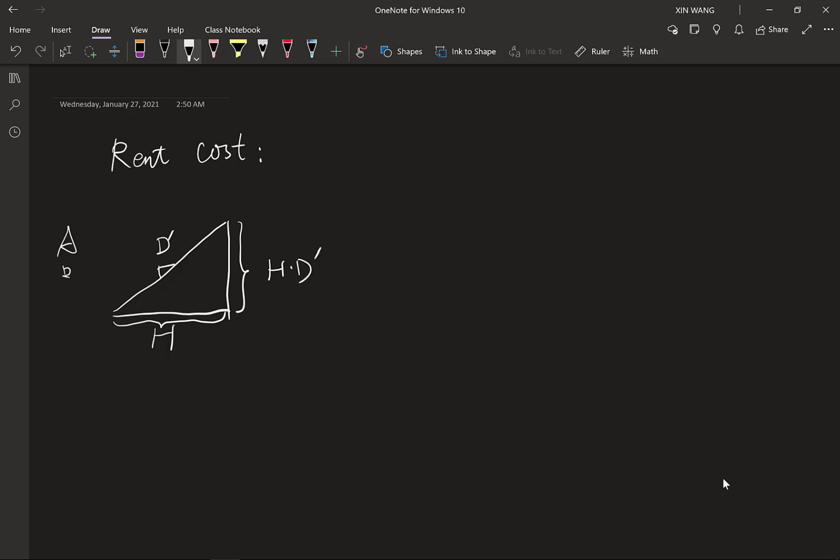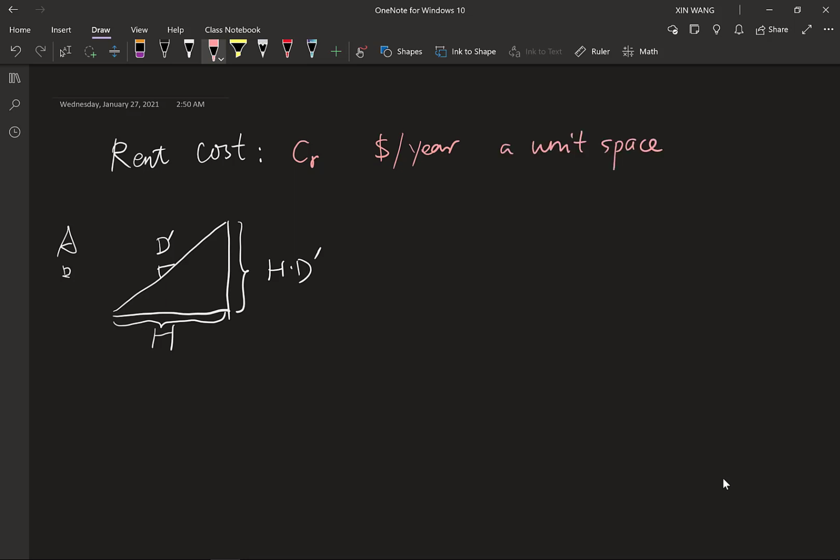So the rent cost is based on the space you rented. We define the rent cost per unit space you rent, R for rent. This is a cost in dollars per year if you rent a unit space.